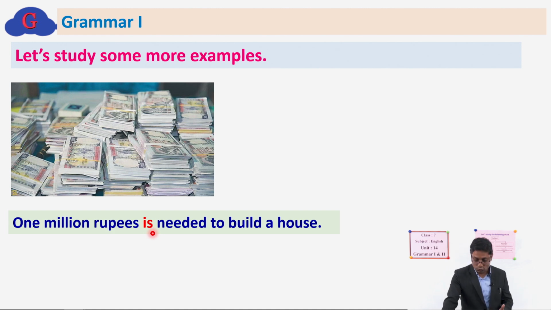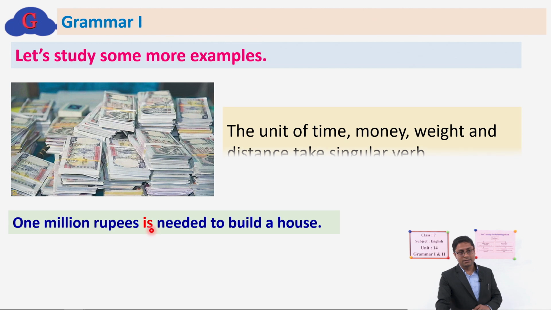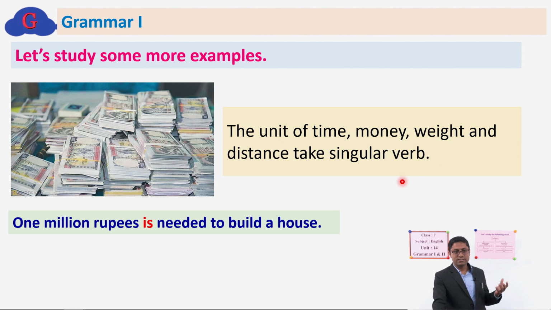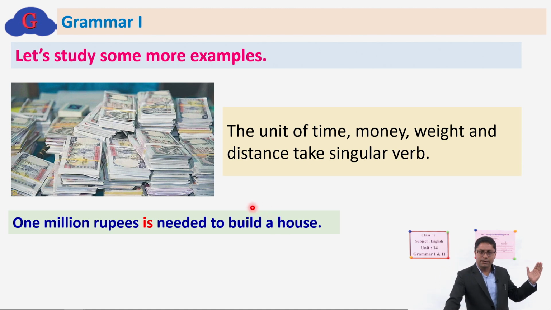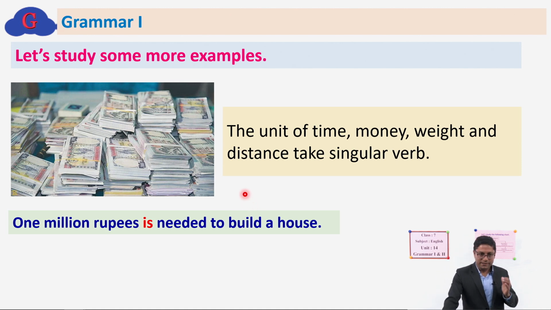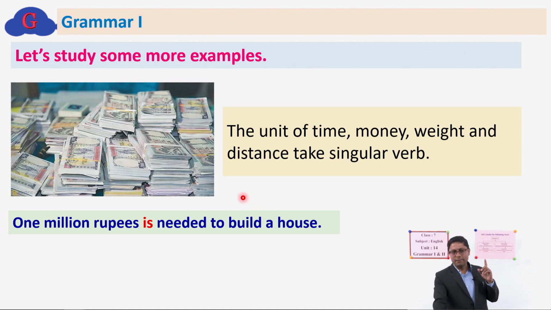So, you need to know that with units of time, for example, 2 hours, 3 hours, 20 seconds, 40 seconds, or money, we use the singular verb. Similarly, weight and distance take the singular form of the verb. That's what we have already practiced in our previous class also, while dealing with speaking activities. You might have remembered that.